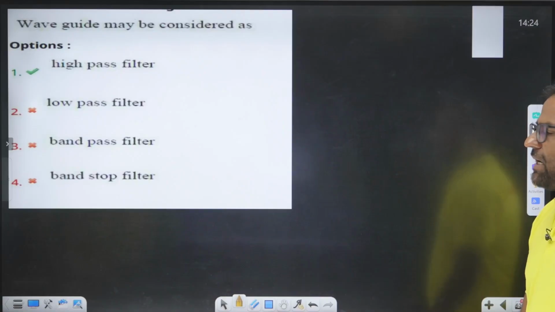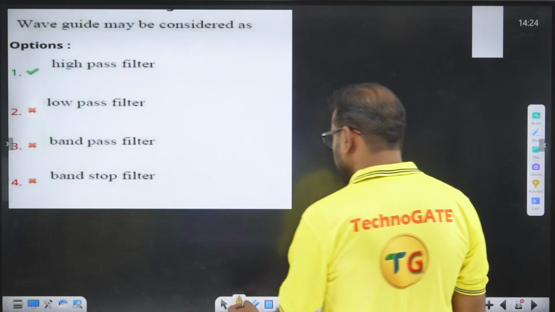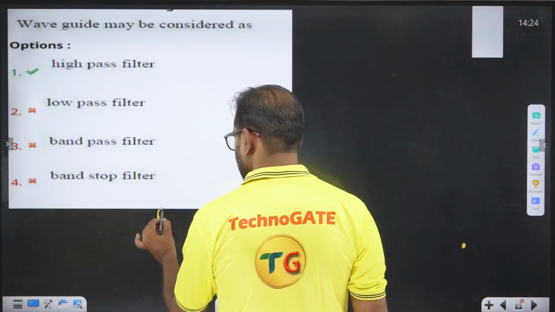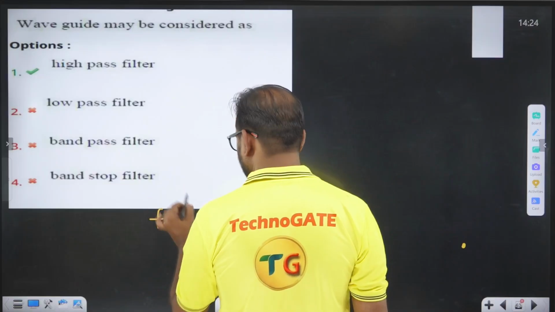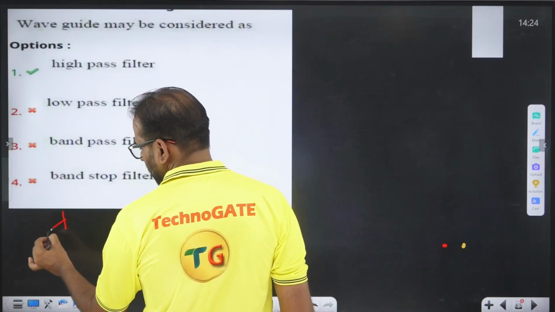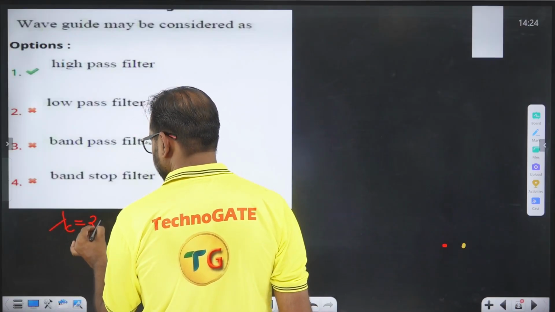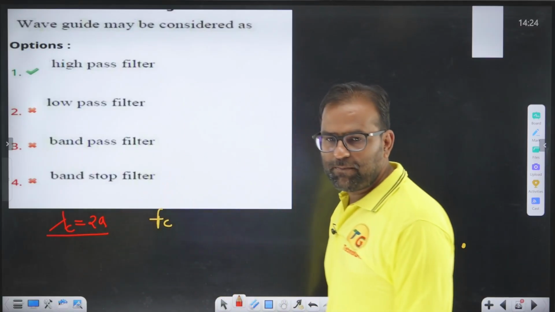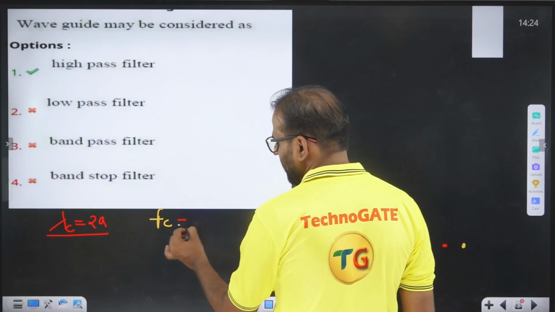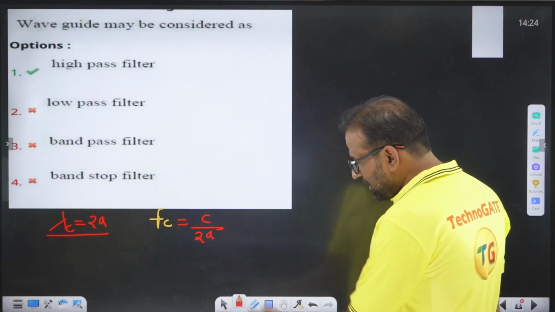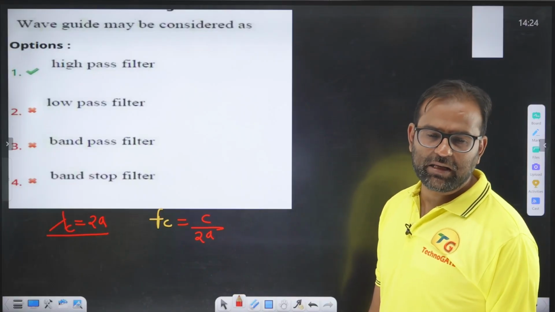Waveguide may be considered as, as you know, for a rectangular waveguide the maximum cutoff wavelength is 2A, meaning the frequency is given by C divided by 2A. This is the minimum frequency that can be entertained by the waveguide.